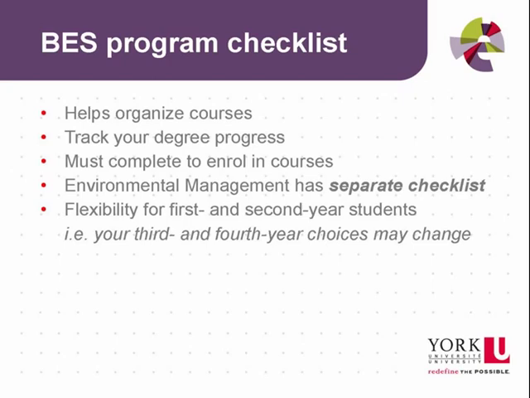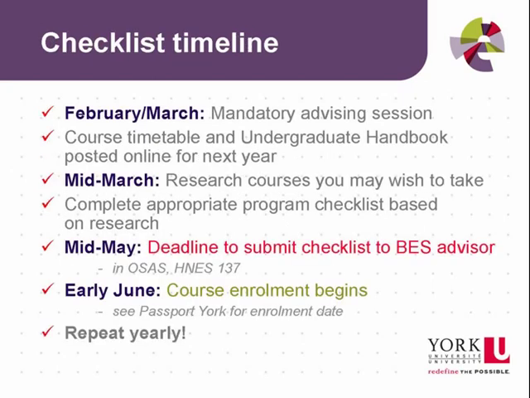One quick note. If you're unsure of the third or fourth year courses you'll want to take, don't worry. Just fill out the checklist completely, knowing that your upper year course choices may change depending on your interest and area of concentration. Every year in February or March, you are invited to a mandatory advising session.